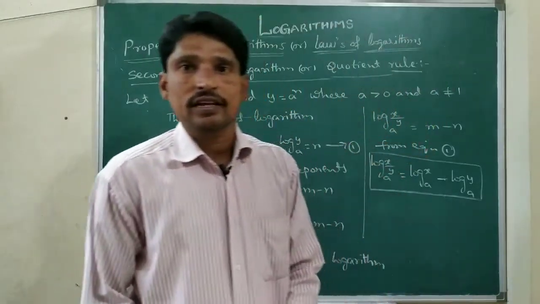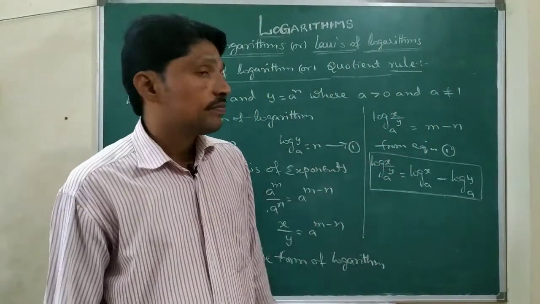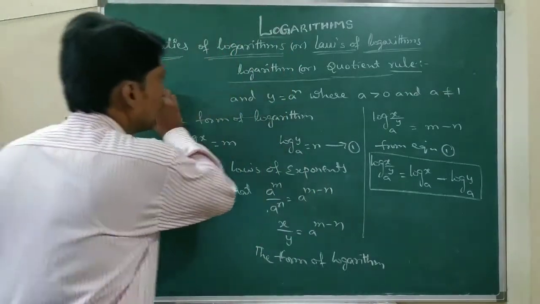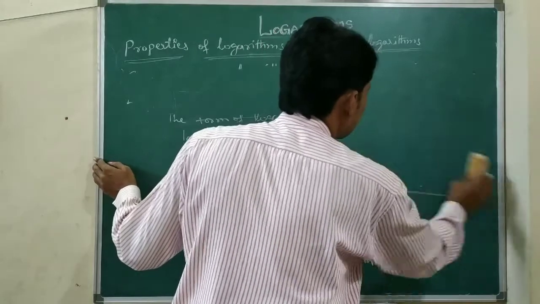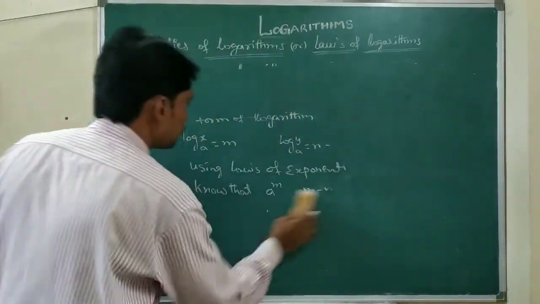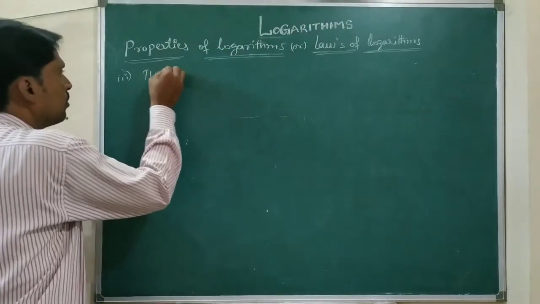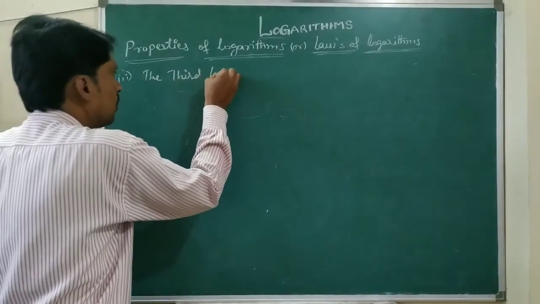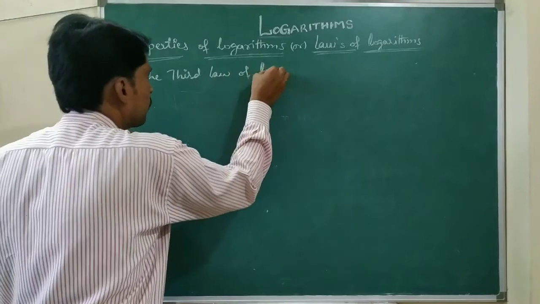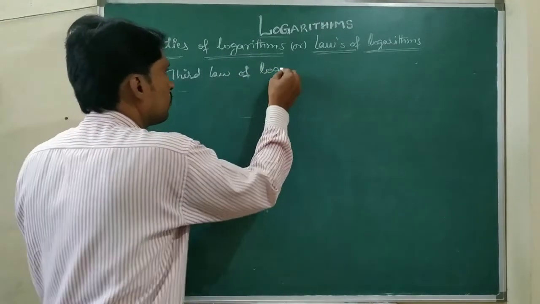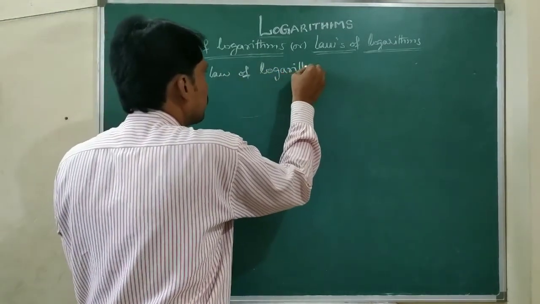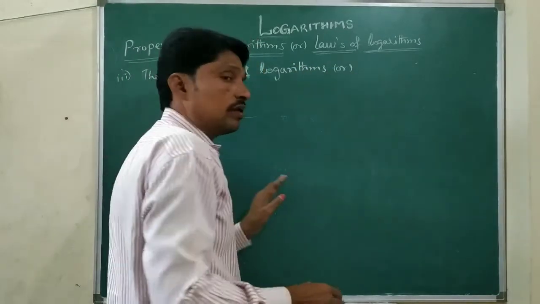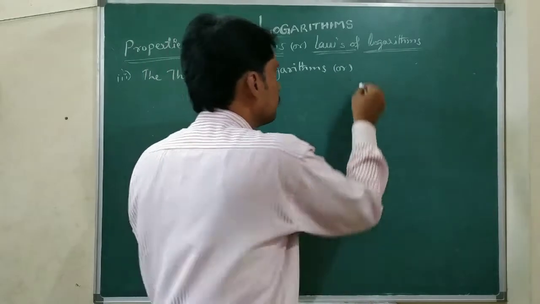Now next one, that is the third law. The third law of logarithms is the power rule.